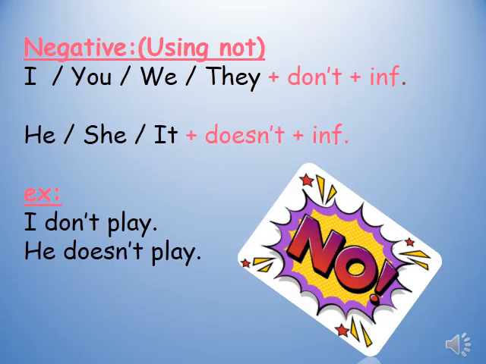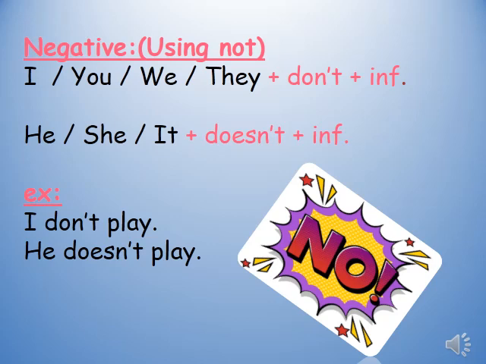Then we have the negative, or using not. With I, you, we, and they, I use don't plus infinitive. The verb as it is. And with he, she, it, I use doesn't plus infinitive.